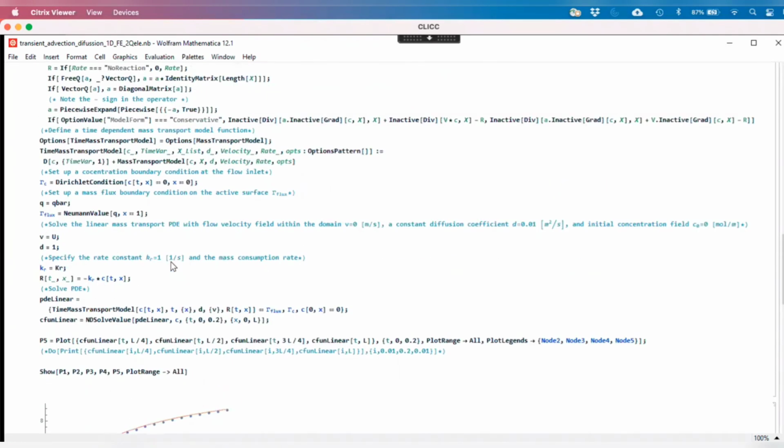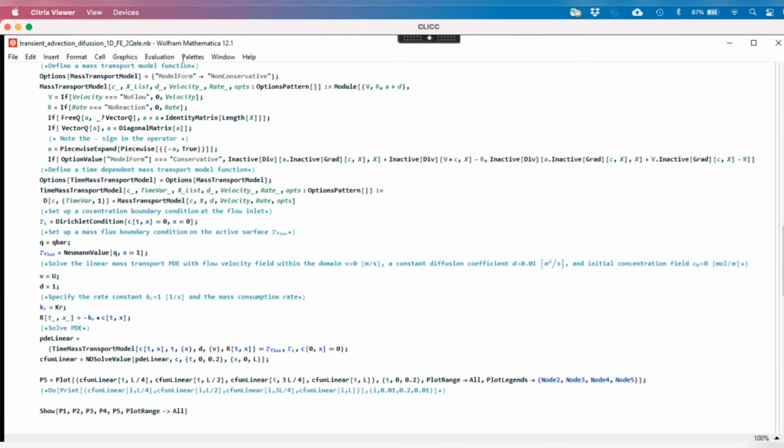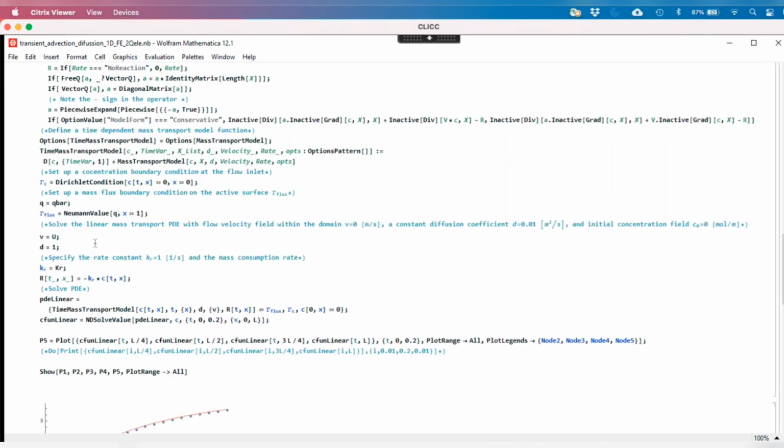So if you follow the script of Mathematica, you might find yourself a little bit confused about what you need to do to solve the partial differential equation, okay? But our goal here is not to solve it by this method, it is to solve it by finite element.